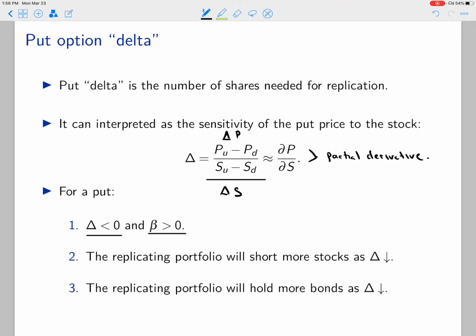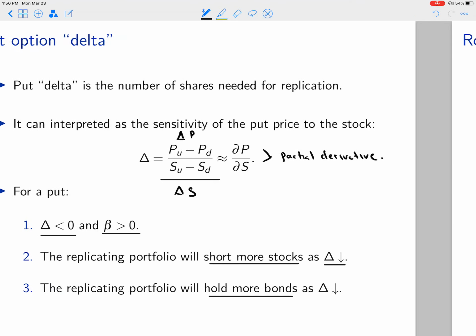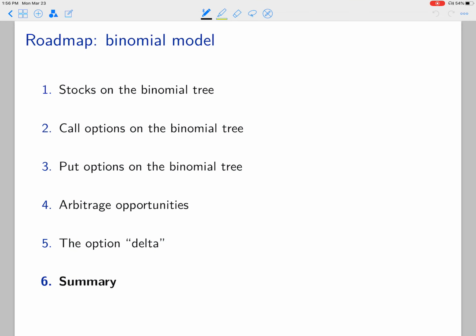As the delta increases, or excuse me, in absolute sense, as the delta decreases, the put is going to become more sensitive to changes in the stock price. So as the delta decreases, you're going to want to short more stock and you're going to want to hold more bonds.